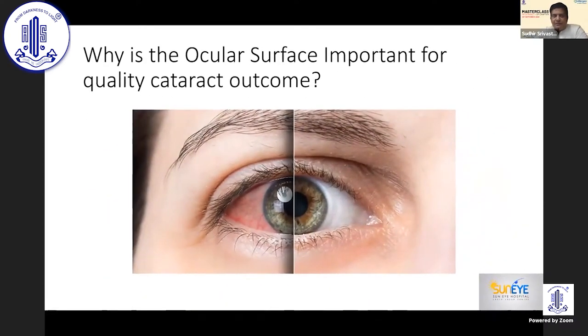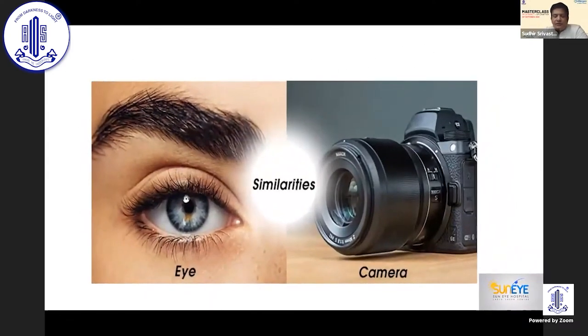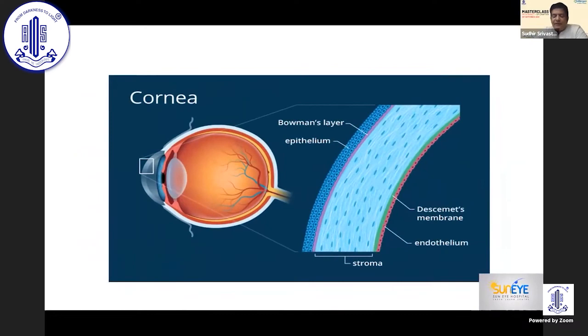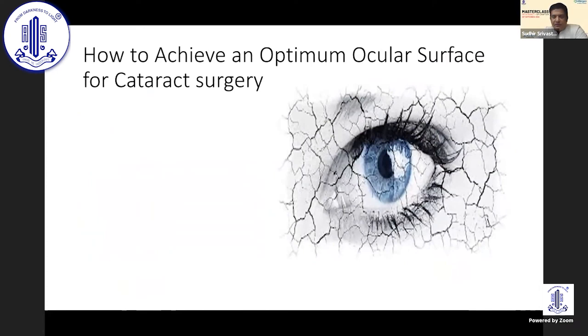Why is the ocular surface important, especially when we talk about cataract? If we compare the eye and the camera, both have similarities. For a crisp and clear picture, we need a clear lens for the camera, and for the eye, we need a crisp, clear, shiny cornea.